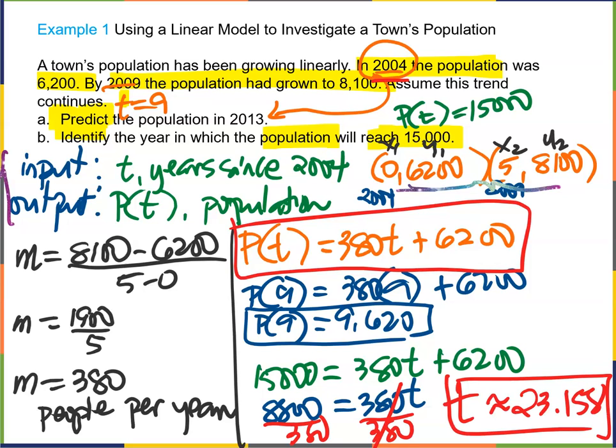Letter A, predict, meaning you plug into your linear model from 2004 to 2013, that is t equals 9, and you'll be able to solve that. Then letter B, identify the year in which the population will reach 15,000. So 15,000 is the population, so that is P of t. Plug that into your linear model: 15,000 equals 380t plus 6200. Solve for t.